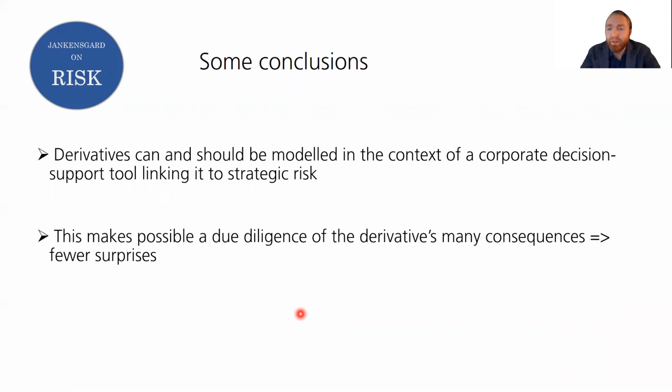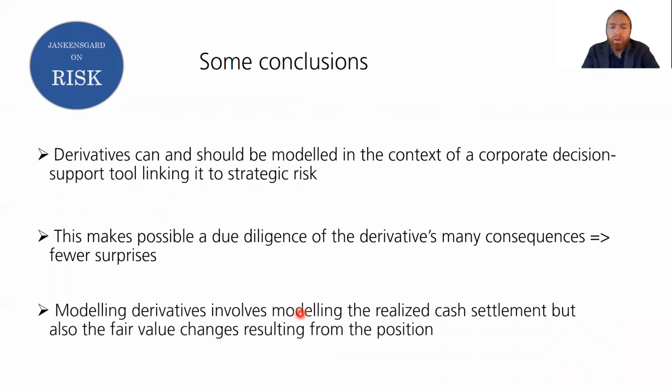We're always looking to minimize those, right? It involves modeling realized cash settlements, but also the fair value changes, and then have the model incorporate that into a self-balancing sort of set of financial statements. So that would be the ideal for accomplishing this due diligence.